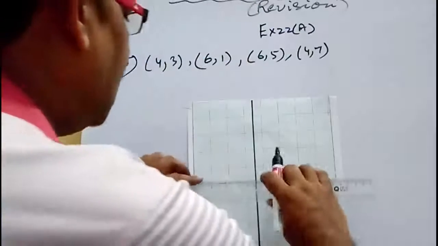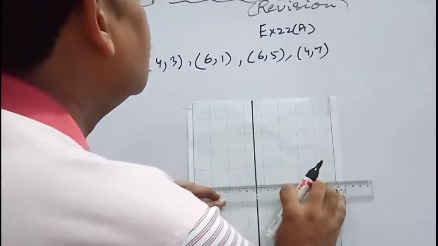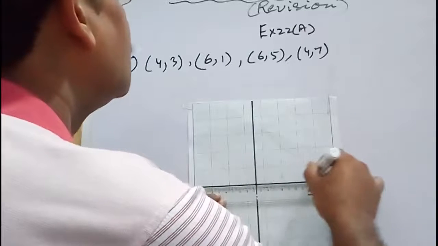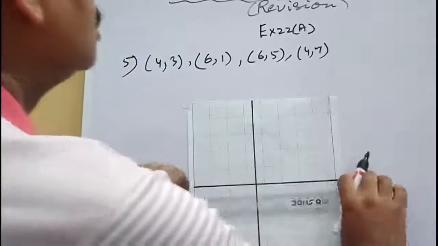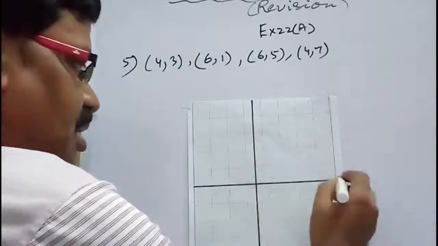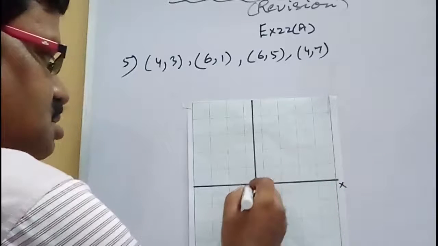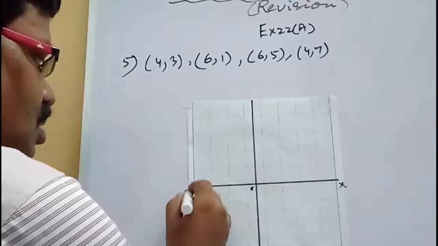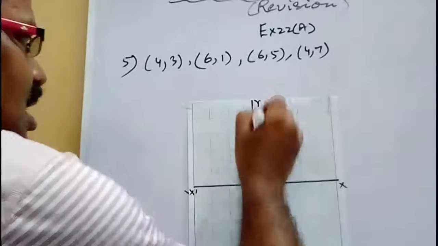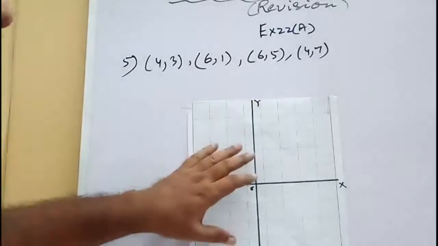So take more place for positive. So 2 lines are drawn. Both are perpendicular to each other. One is x, O, x dash, y, O, y dash. In this way mention the axis.